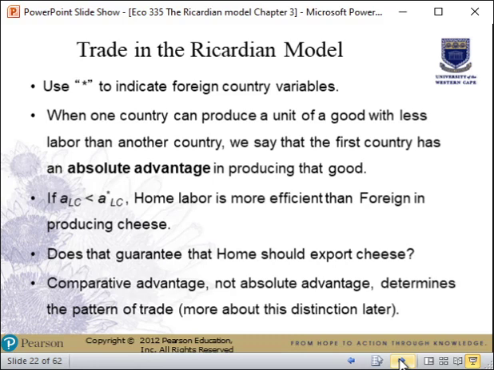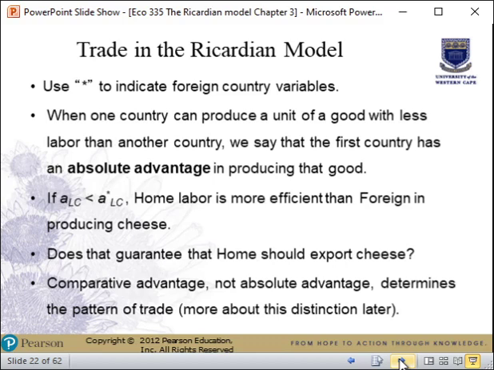However, if we have a situation where home is now efficient in the production of both cheese and wine, the home nation will have an absolute advantage in the production of both goods, whilst the foreign nation would have an absolute disadvantage in the production of both goods.